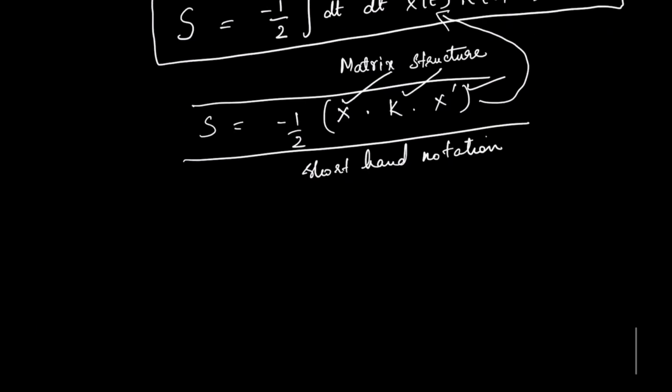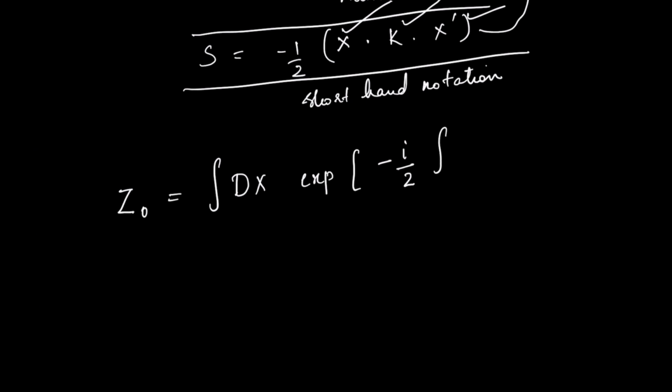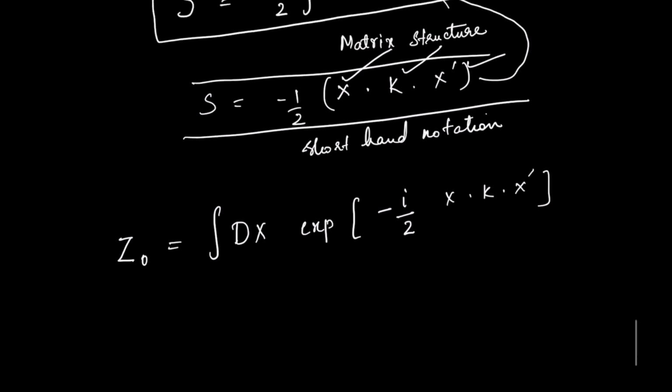Once I know the action, I can calculate z naught for this case. z naught will be integral dx exponential of minus i by 2 x k x prime in shorthand notation. So it is e raised to i s, and what is s?